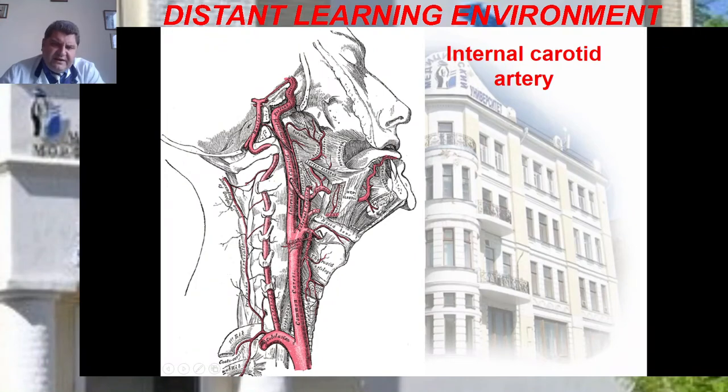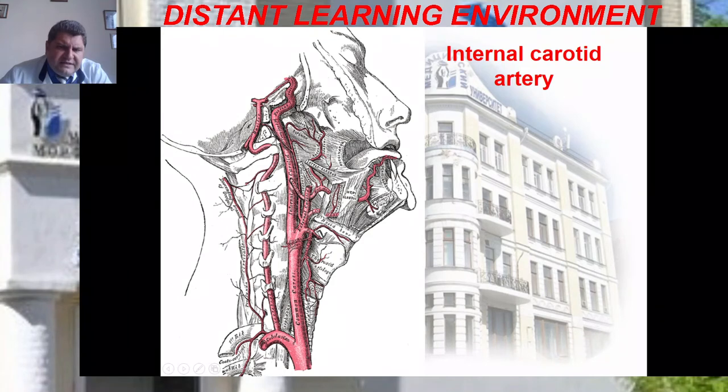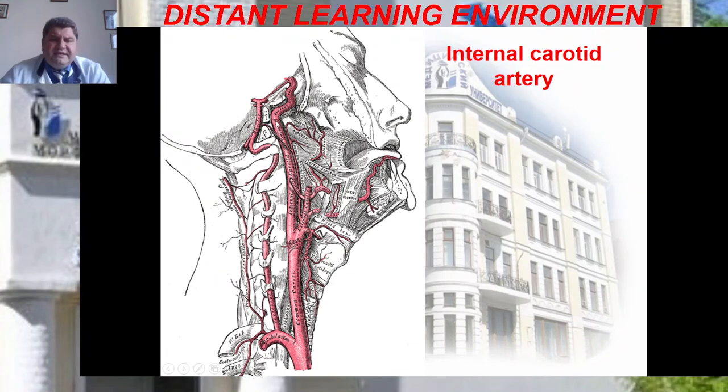Also you may see that the external carotid artery gives branches, and that the internal carotid artery has no branch at the cervical region. This is the main difference between the internal and external carotid artery. There are cervical branches in the external carotid artery, and there are no cervical branches in the internal carotid artery. And also in detail you may see the ascending pharyngeal artery of the external carotid artery here.